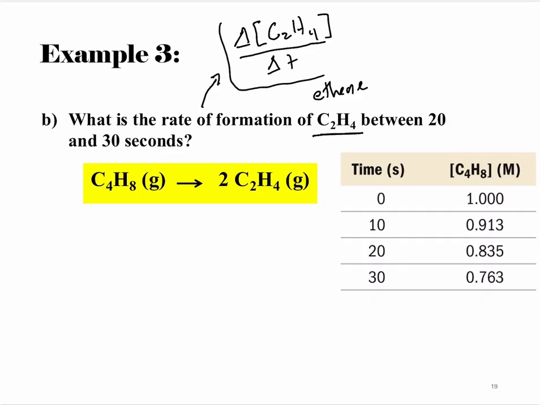This whole thing is defined as the rate of formation. And you could do this for the previous problem, where you look at the rate of decomposition for butane, which is C4H8, except it would just be a negative quantity since it's decomposition.